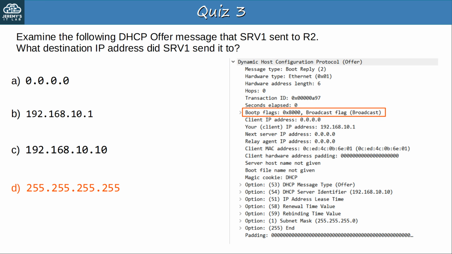It's here. The broadcast flag in the BOOTP flags field is set. In the previous examples, this field was unicast, so the server would send unicast messages to the client. However, in this case, it is broadcast, so the server will broadcast messages to the client. Therefore, the destination IP address is 255.255.255.255. Okay, let's go to question 4.